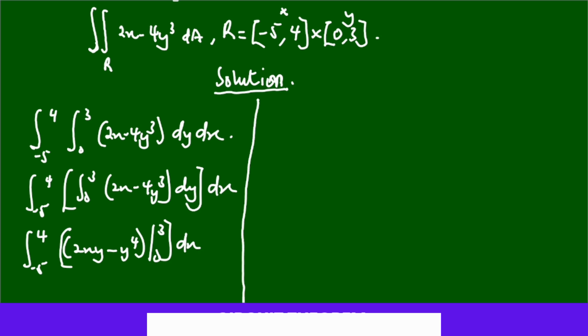Okay, so if I input the values, I have the integral of negative 5 to 4 of, into bracket, my 3 will come to the y, and that is 6x minus 3 exponent 4, that is 81. But the 0 will take everything away, so we just have dx.